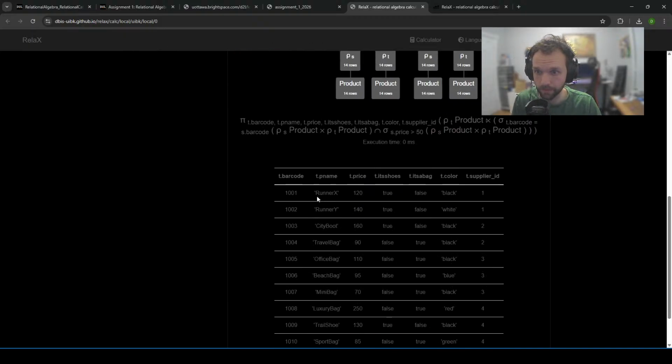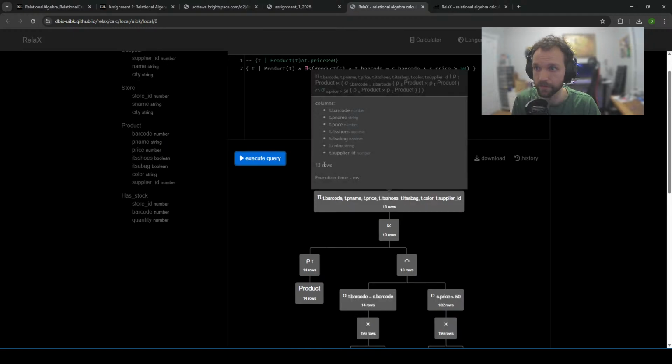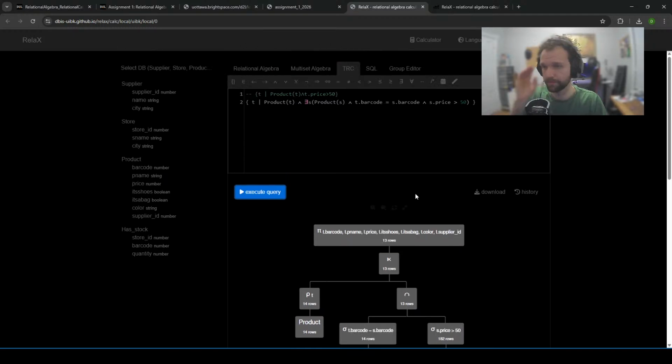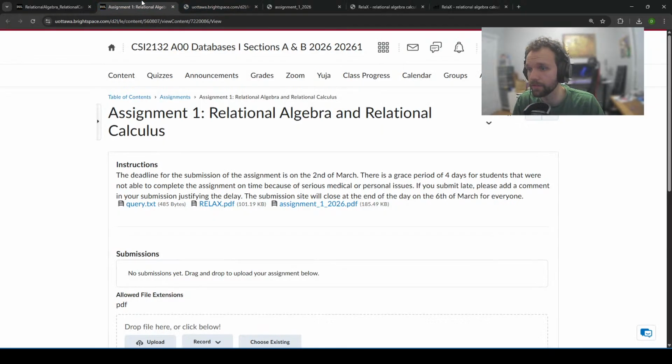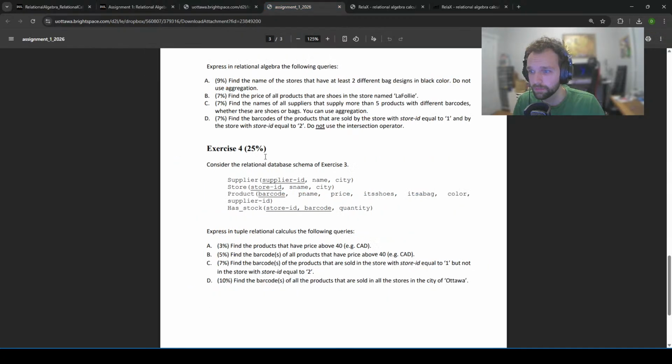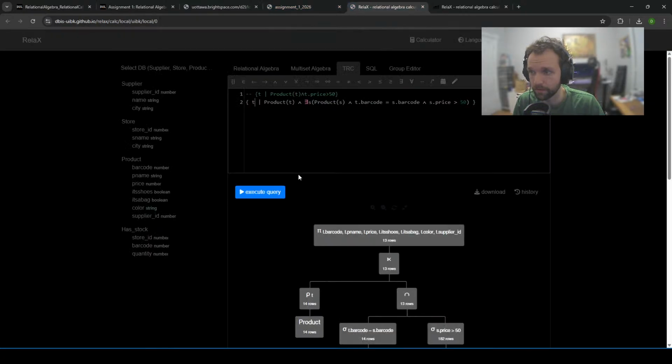13 rows. It still doesn't reproduce only barcode. I still have to do, what's the name we're looking for in the assignment here? Find the product. T dot P name. Okay.